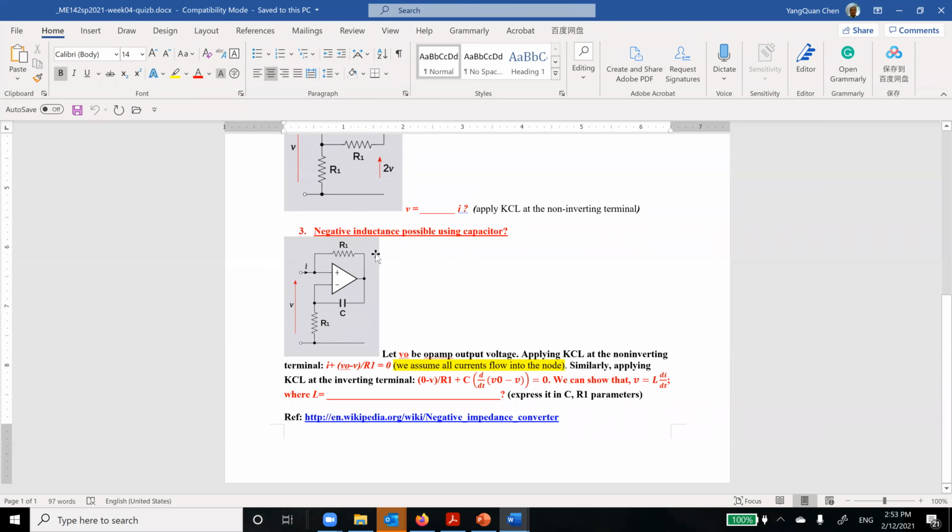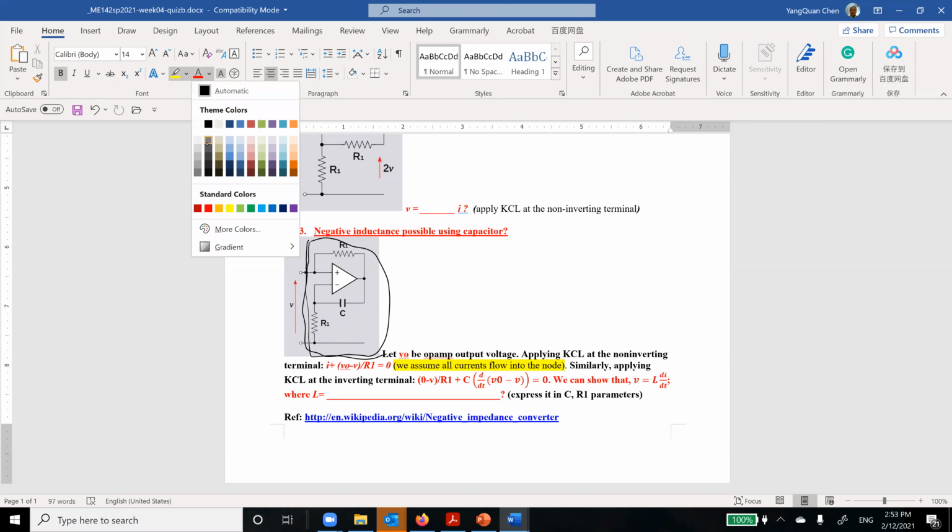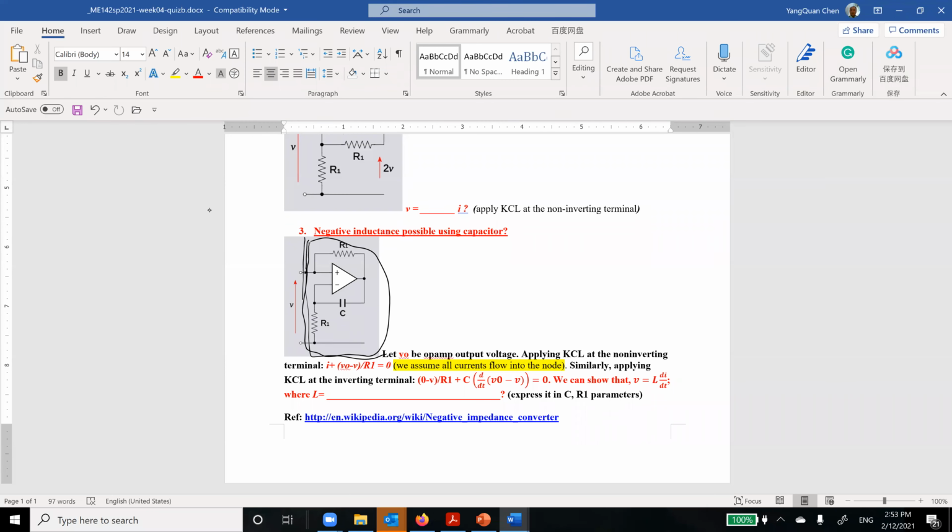But from the V and I relationship, this component actually looks like an L. In other words, in integrated circuits, you don't have to have a physically large, bulky L. You can use a very small capacitor to realize this L. Please derive this and find out the L value here. This is called a negative impedance converter.